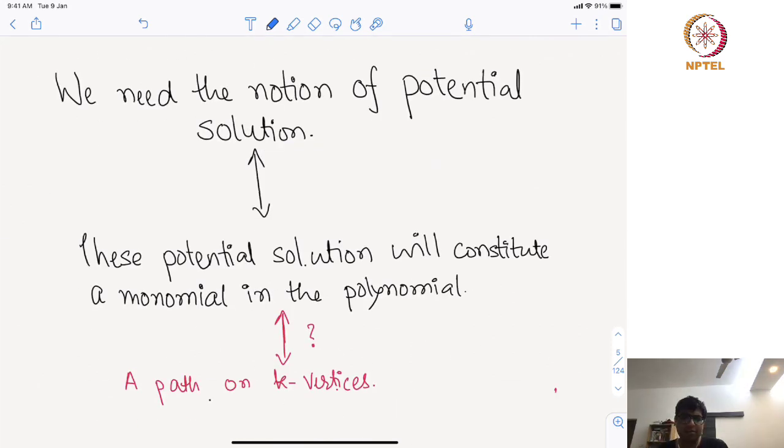So maybe what is a potential solution? Of course, a potential solution is a path on K vertices.